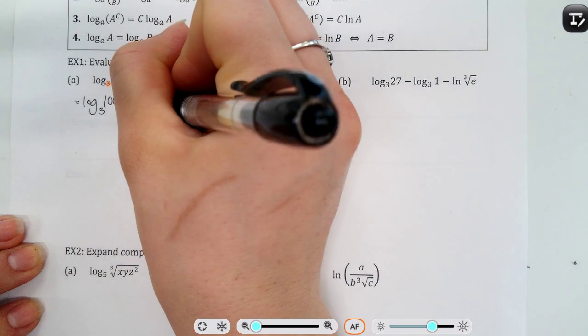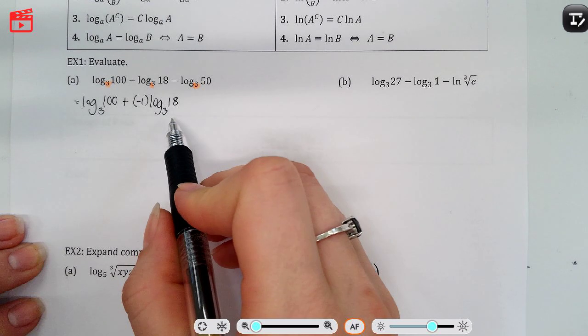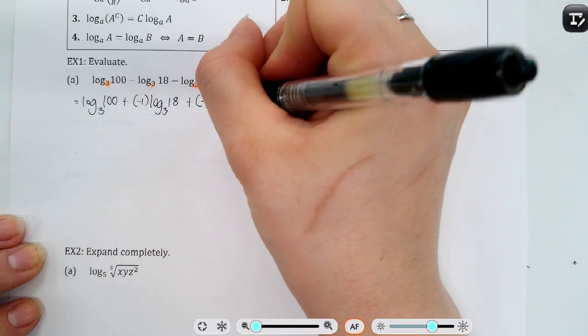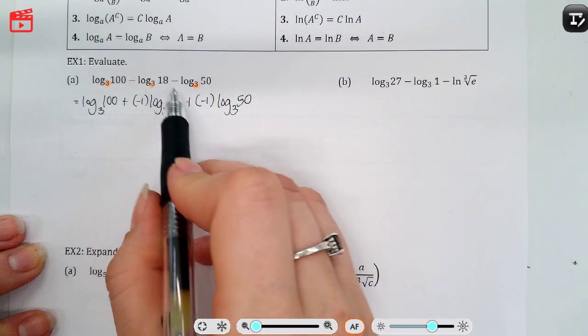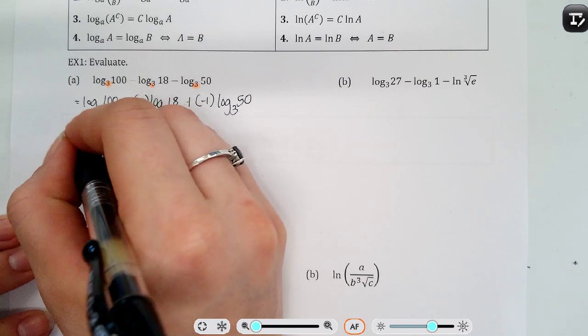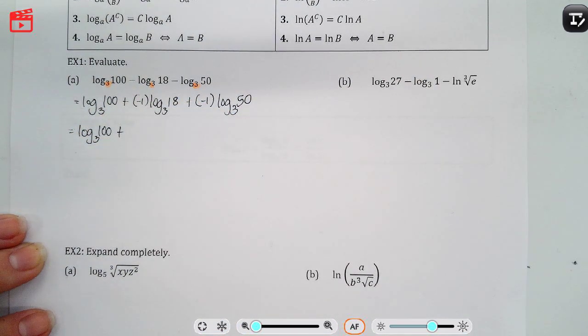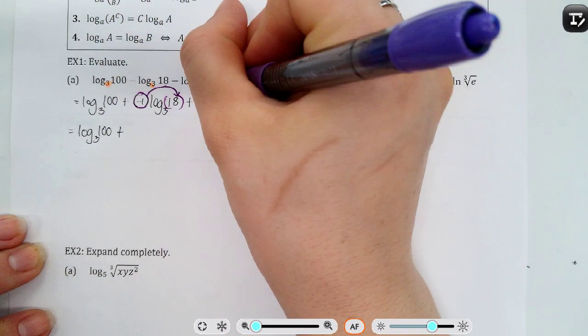I am rewriting this so that it's a -1 times my log, and addition. And I'll show you why I use this trick. Once I do that, I'm going to use the exponential rule and bring those -1s up into the exponent. Using that rule, I can bring this up to be the exponent of my argument.